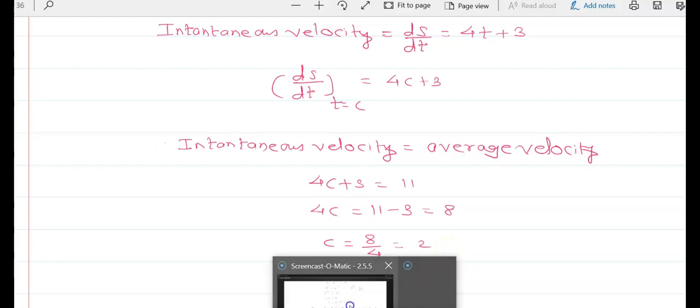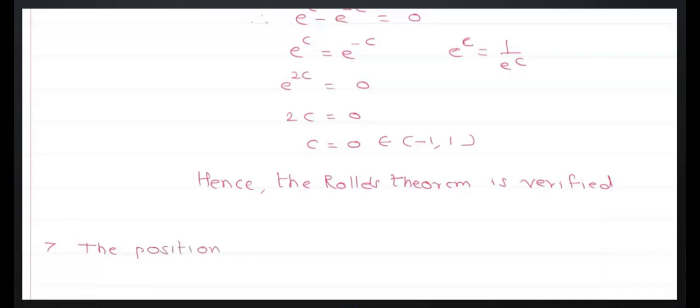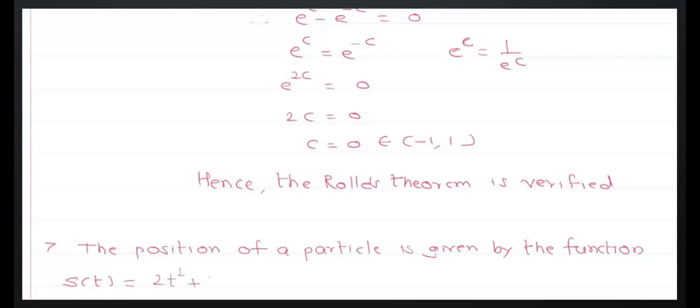Now see this again here. The position of a particle is given by the function s(t) = 2t² + 3t - 4.